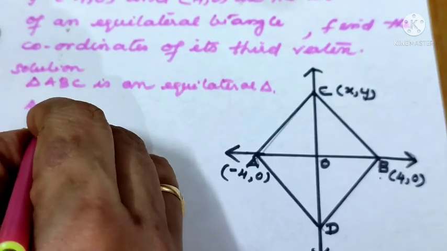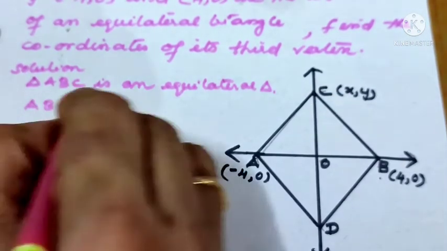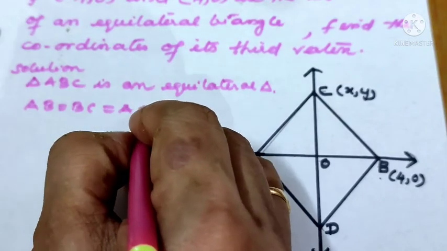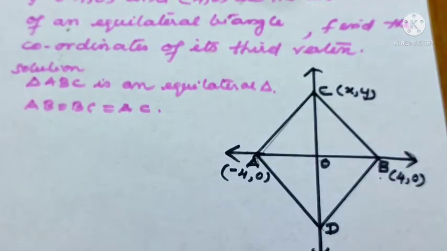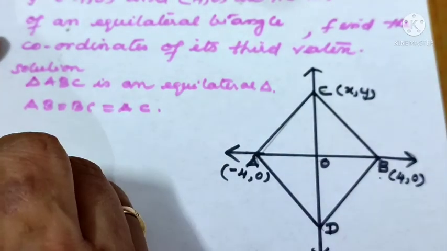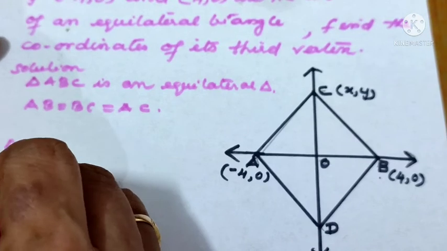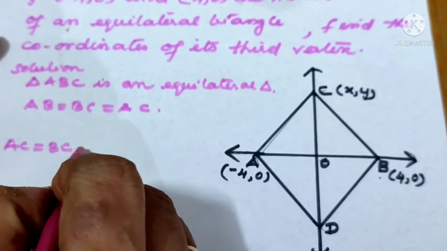So AB equal to BC equal to AC. Okay. Now AC and BC are equal. If I am taking, how we can write by distance formula? AC equal to BC.